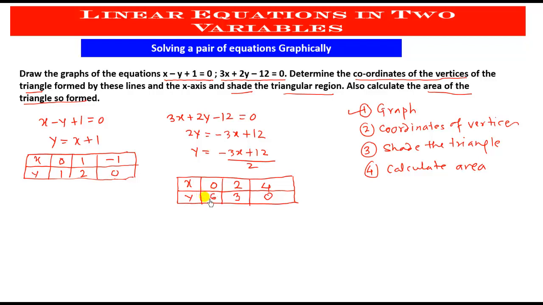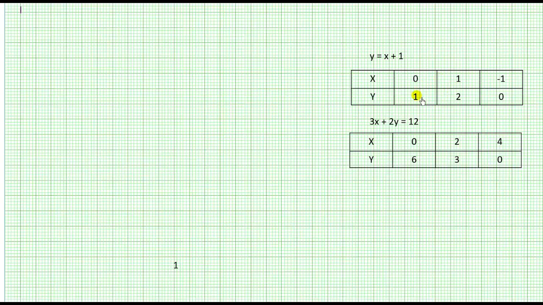So let us see how to plot the graph. These are the values we have got for x and y for the equation y is equal to x plus 1, and for the equation 3x plus 2y is equal to 12 we have got these values.